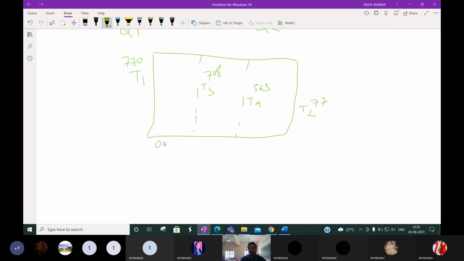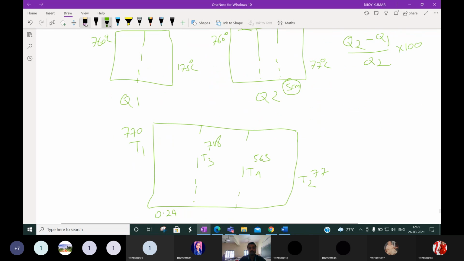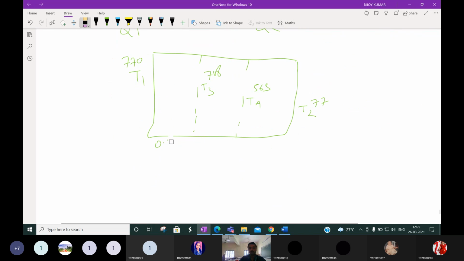So x1 is given 0.118, x2 is 0.24, x3 is 0.05, and this K3 value is given 0.014, and this K1 and K2 are not known. So we will do something to find this K1 and K2.